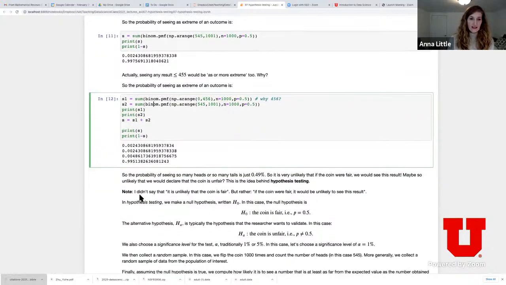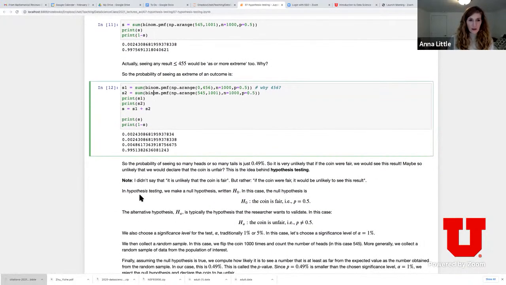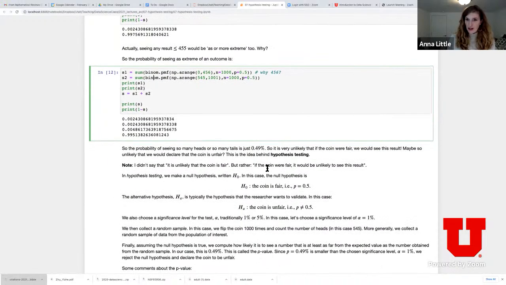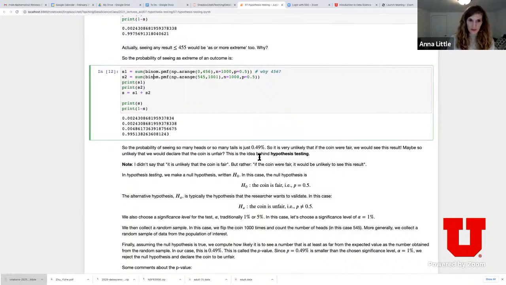So what this is telling us is that if the coin were fair, there's only a 0.49% chance of observing an outcome this extreme. Right, so if the coin were fair, it's really unlikely that we would see this result.